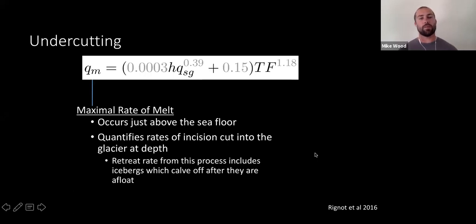And so what this rate quantifies is the amount of incision that's happening right at the grounding line, or really the amount of undercutting that's happening on the glacier. And again, I'll just reiterate that if you're considering retreat rates from this process, that also might include some calving that happens subsequently to the glacier being undercut.